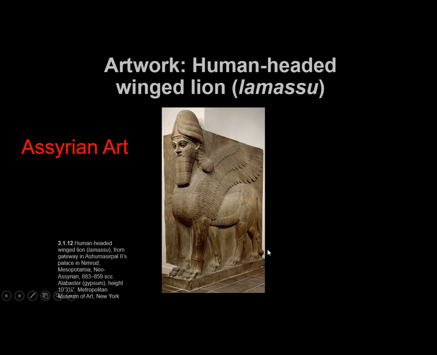This isn't the only one. This is what this whole figure is called. There's more than these are found around. This is Assyrian. So we've gone from Paleolithic, which is a prehistoric time period, all the way up to Assyrian, which is around the time of Egypt. This is actually newer than some of the work we'll look at in Egypt.